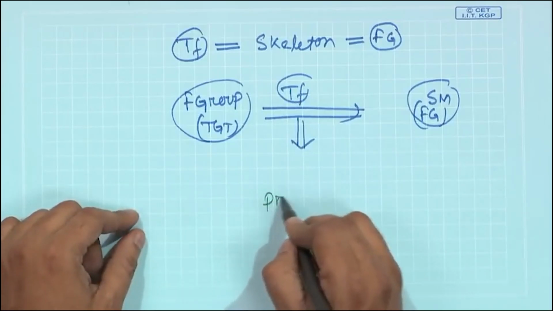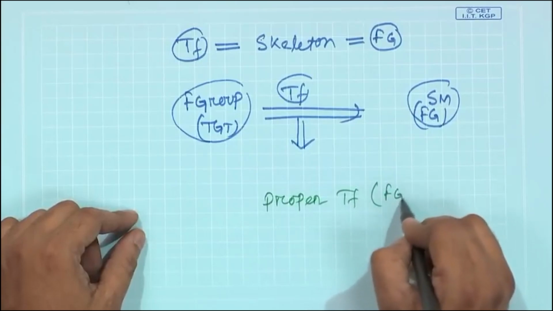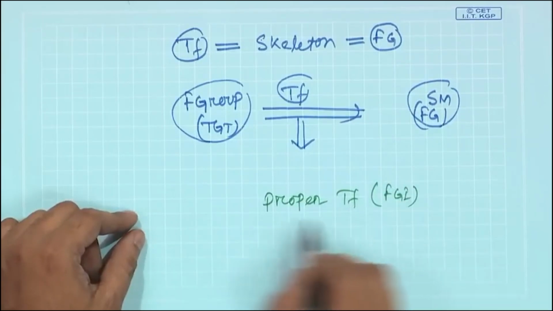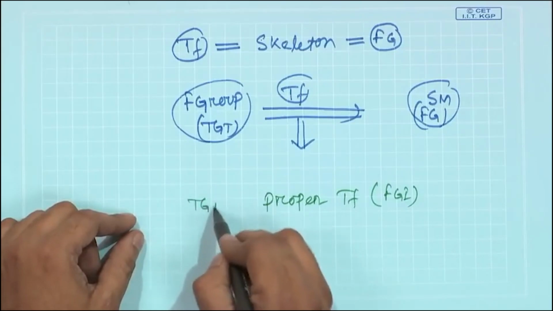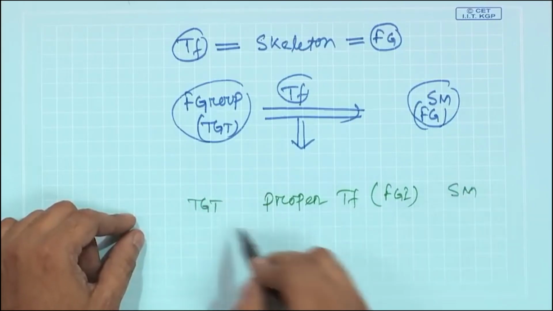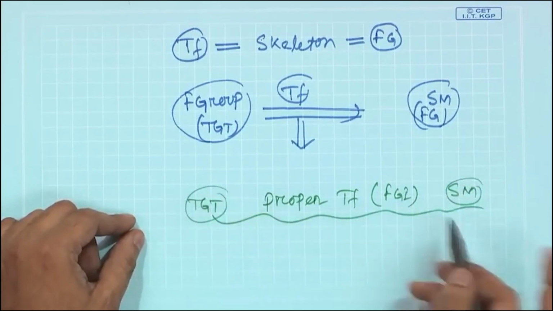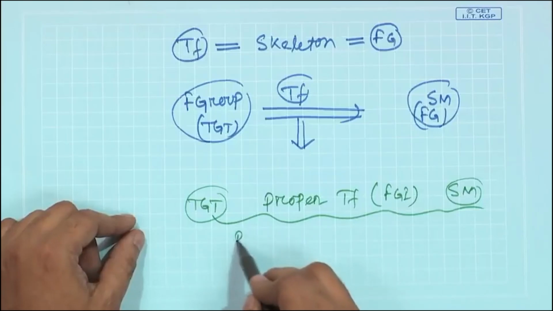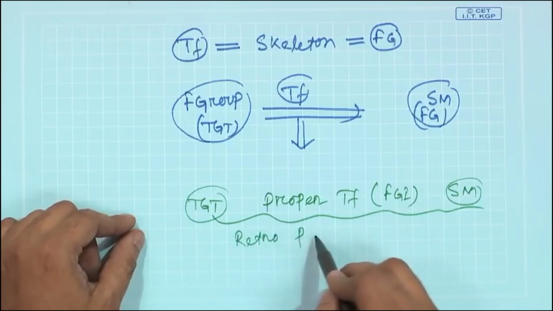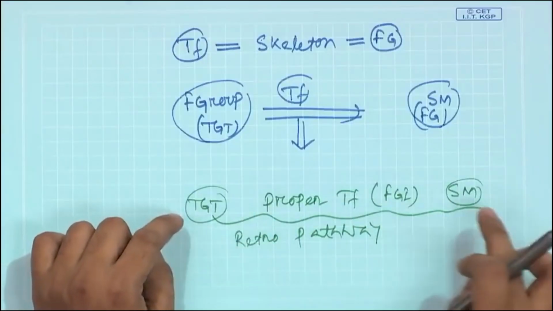The proper transformation or proper FGI is absolutely needed, which is correlated with the target and the starting material through a common thread. If any of these points is missing, the thread cannot be completed, or the entire retro pathway cannot be completed. So, the success of a retro pathway always depends on how efficiently you can connect your target and the starting material through a proper transformation.